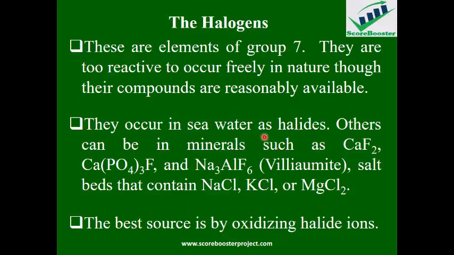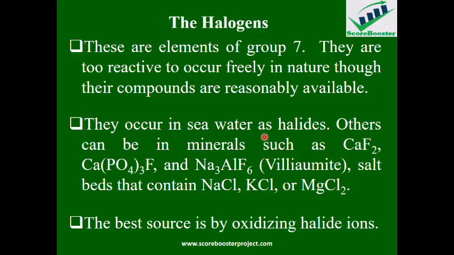So let us go to the halogens. The halogens are the members of group 7 elements. As we call group 1 elements the alkali metals, and group 2 the alkaline earth metals, in the same way we call group 7 elements the halogens. They are very, very reactive.